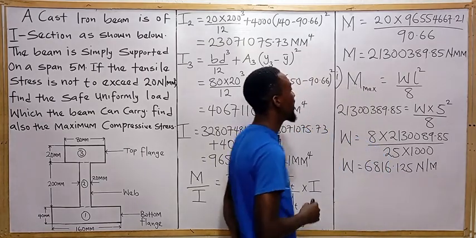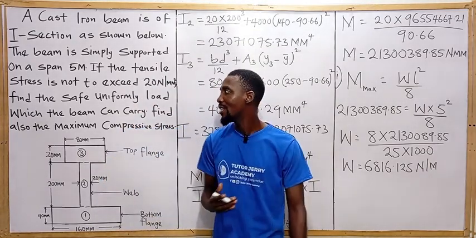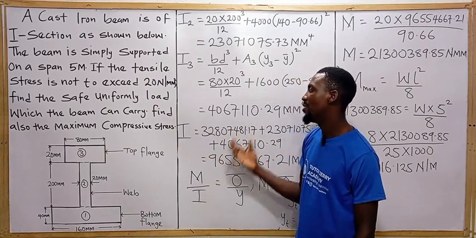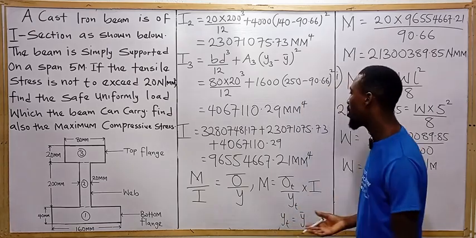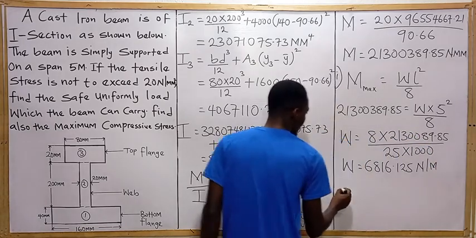All right. So here is the first solution. The second thing they want us to calculate is the maximum compressive stress. So we are still going to be using this formula for that.